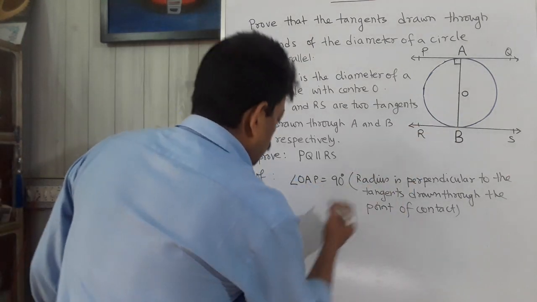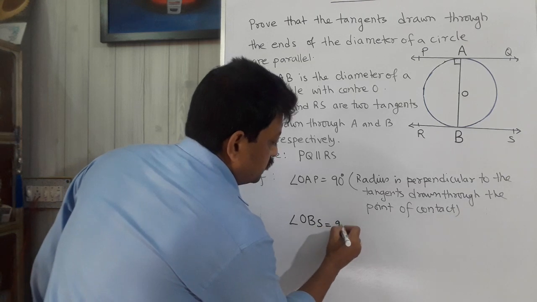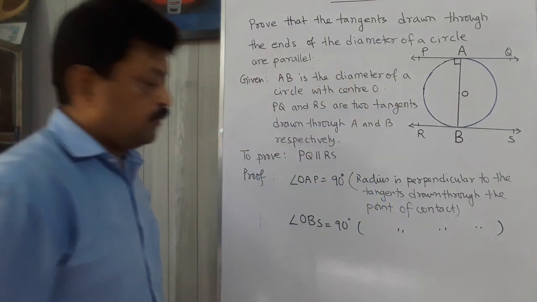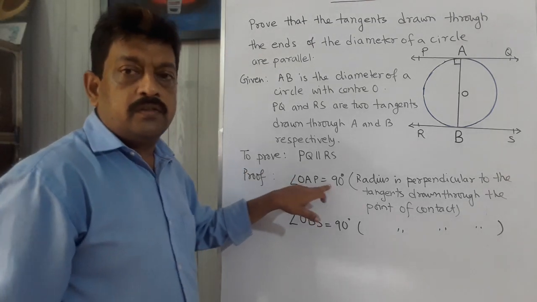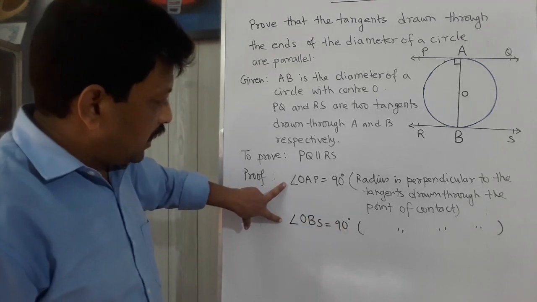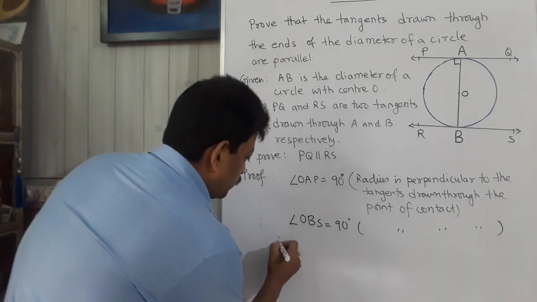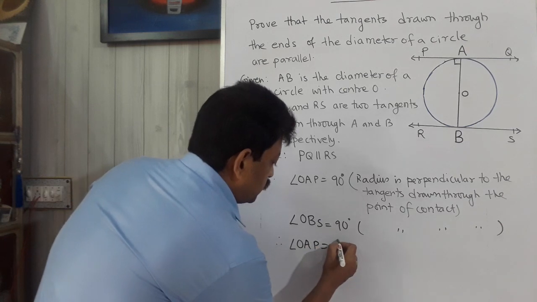So here also we get angle OBS equals 90 degrees for the same reason. Understood? Now angle OAP is 90 degrees, angle OBS is also 90 degrees. Therefore angle OAP is equal to angle OBS.